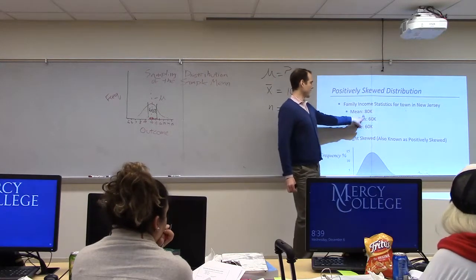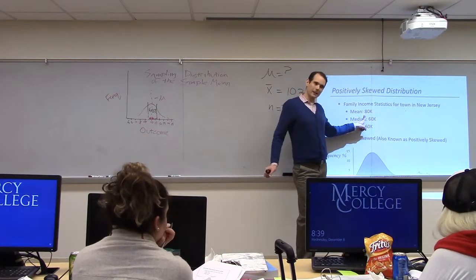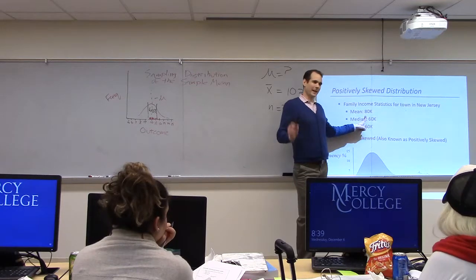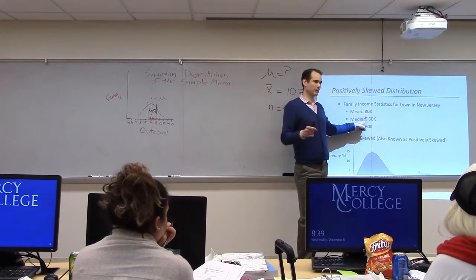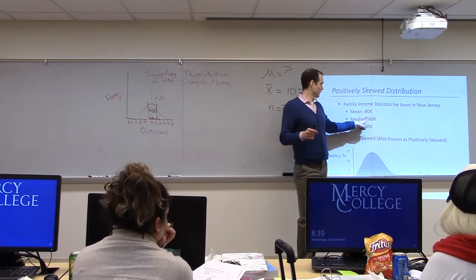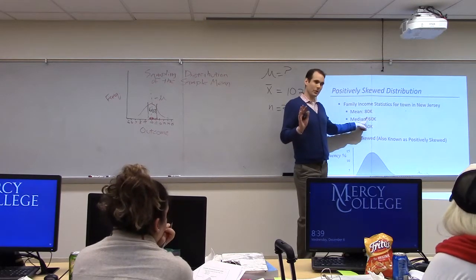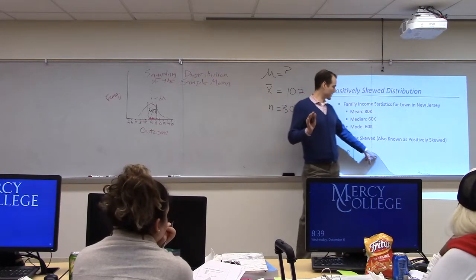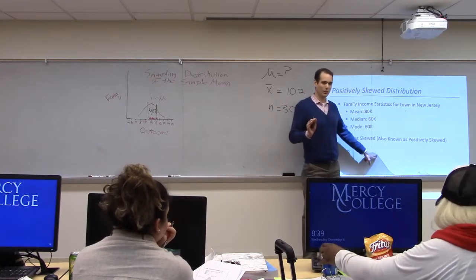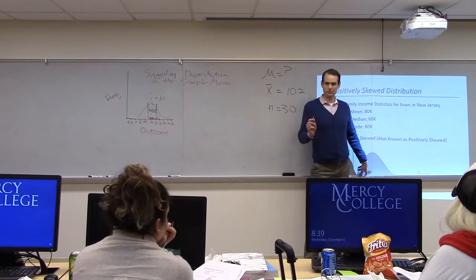The mean income is 80. It's still 80, and that's what we're looking for. And that's all we're trying to look for when we try to find the sample mean. We would take samples as long as they're 30 or above. The sampling distribution of the sample mean for this skewed distribution would still be normal.